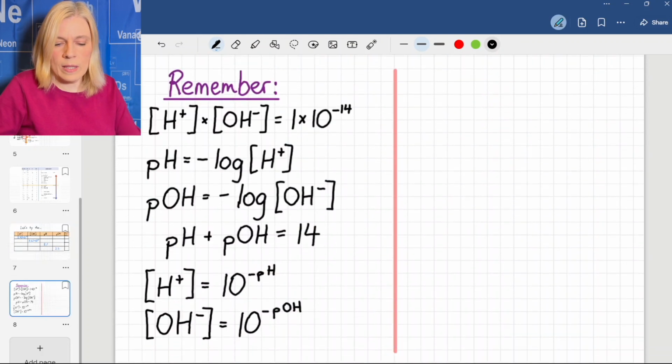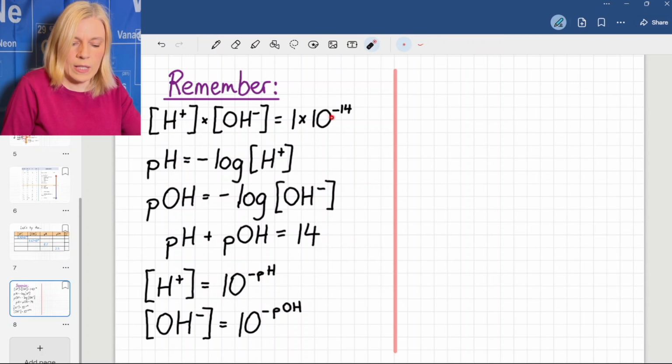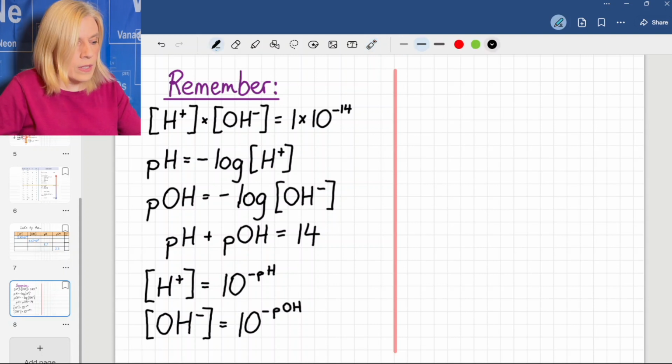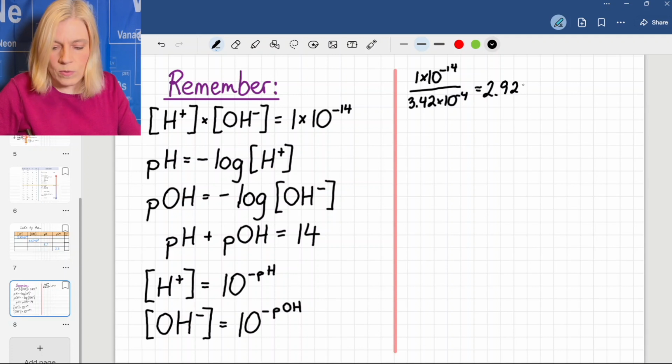Let's write some numbers down. Remember, if we do 1 times 10 to the negative 14, divided by what's given, we will have our OH minus. So we quickly do 1 times 10 to the negative 14 divided by 3.42 times 10 to the negative 4, and this will be 2.92 times 10 to the negative 11, and that's my OH minus.